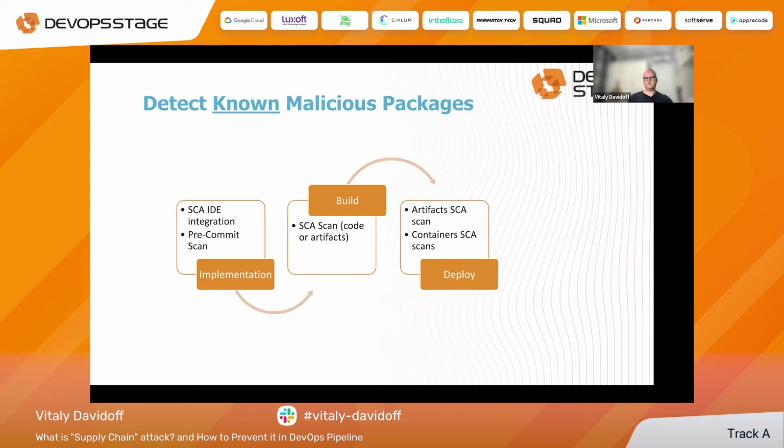And the last one is the deploy phase. At least we need to scan it before the deployment part, because we might introduce more packages in the final release or final build. And again, we're going to scan it with software composition analysis tools and see if we have new CVEs or newly introduced CVEs for our packages, for our containers.